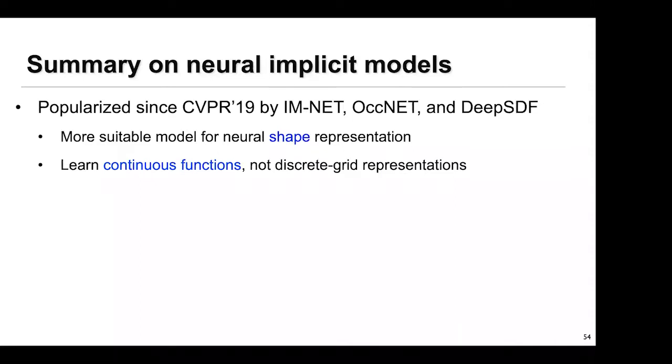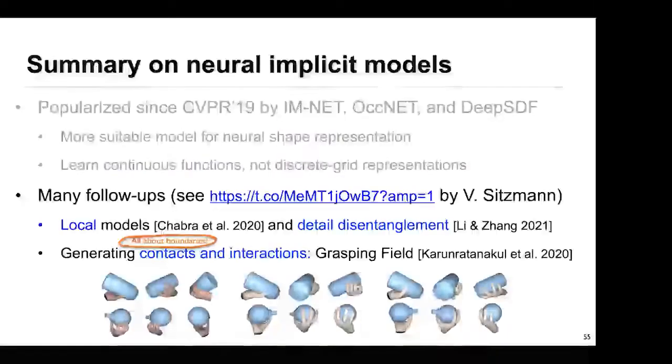You have RvNN, OccNet, and DeepSDF. And as I argued in my talk, I believe that implicit functions are more suitable for representing shapes, and they also learn continuous functions rather than discrete grid representations like voxels and images.